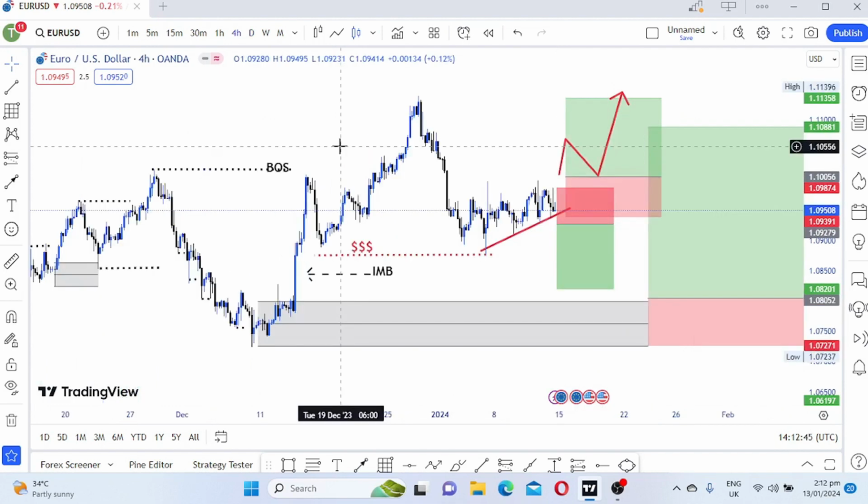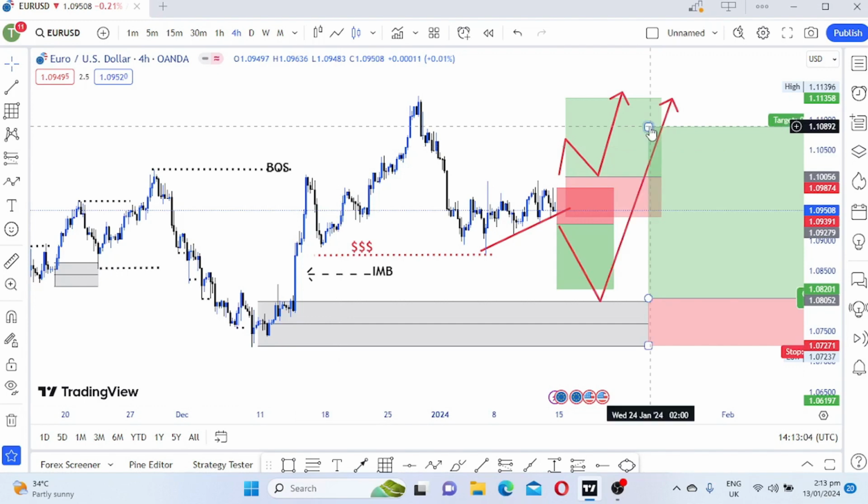For me now, I'll be waiting for a breakout. Once I see a breakout, I enter a sell into this demand zone, and then I'll buy into this high, as you can see there. I'll be waiting for a bigger buy at that demand zone.